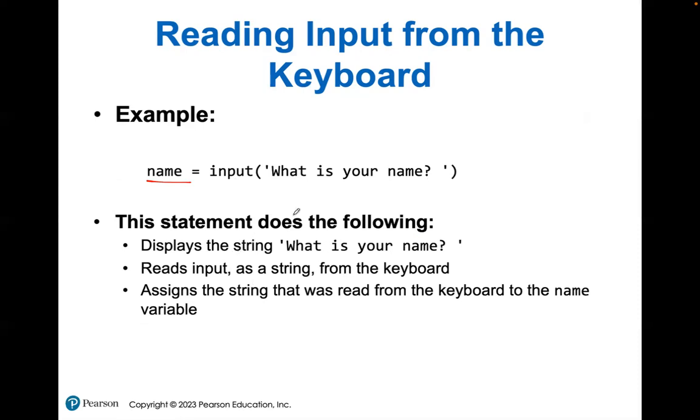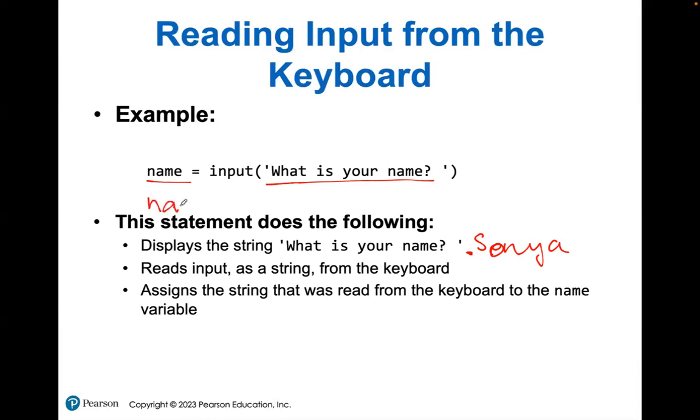So we're going to display this first, how it's going to work. We're going to display "what is your name" first on the screen. Then the user will type something for us. As they type something on the keyboard, it's going to be typed right here after the "what is your name." For example, I would type Sonia. My name is Sonia. And then this Sonia will be stored in our variable name.